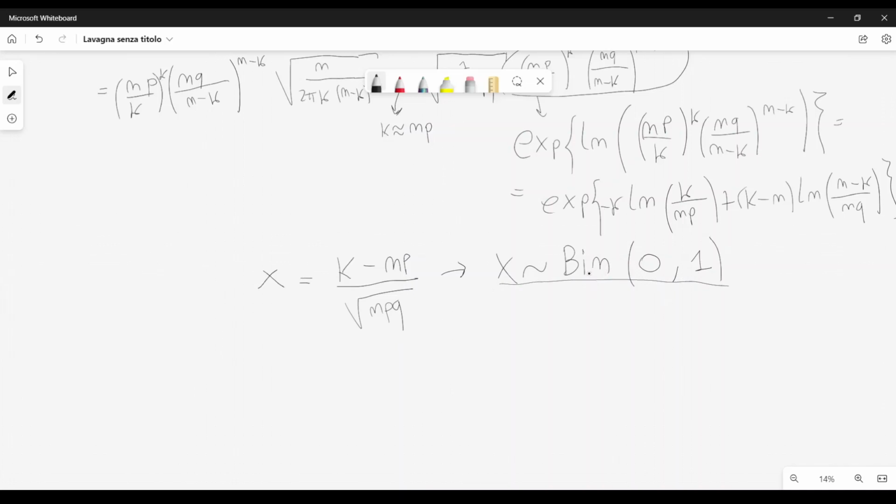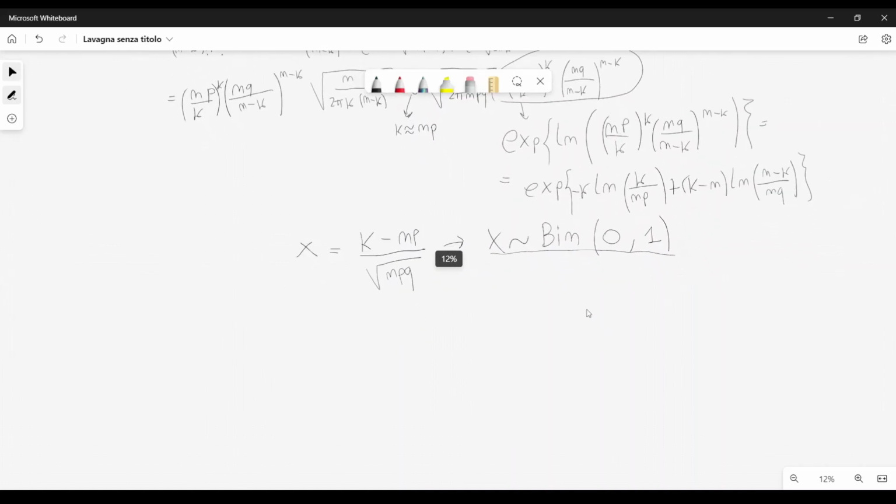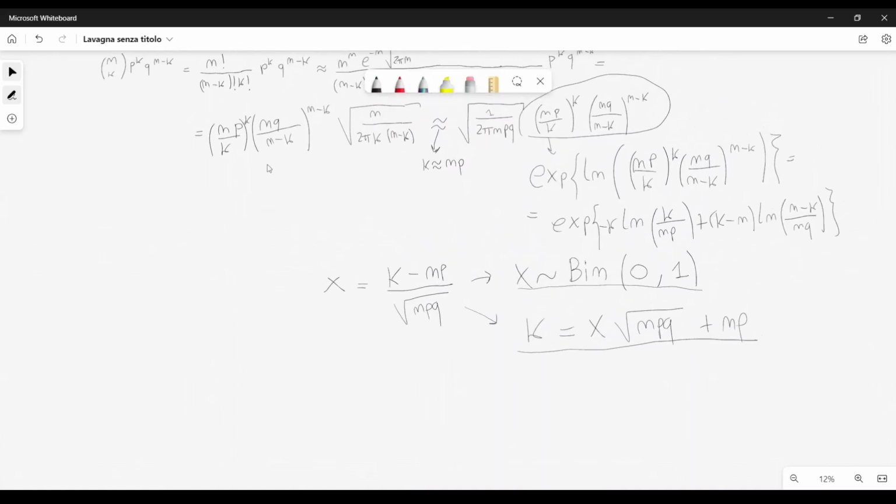This variable x plays the same role as the variable k, but it will have a 0 mean and the variance is equal to 1. So if I substitute in here, and what do I have to substitute? Actually, I can rewrite this as k equal to x times square root of npq plus np. I will substitute for k this quantity. So let me rewrite this expression.